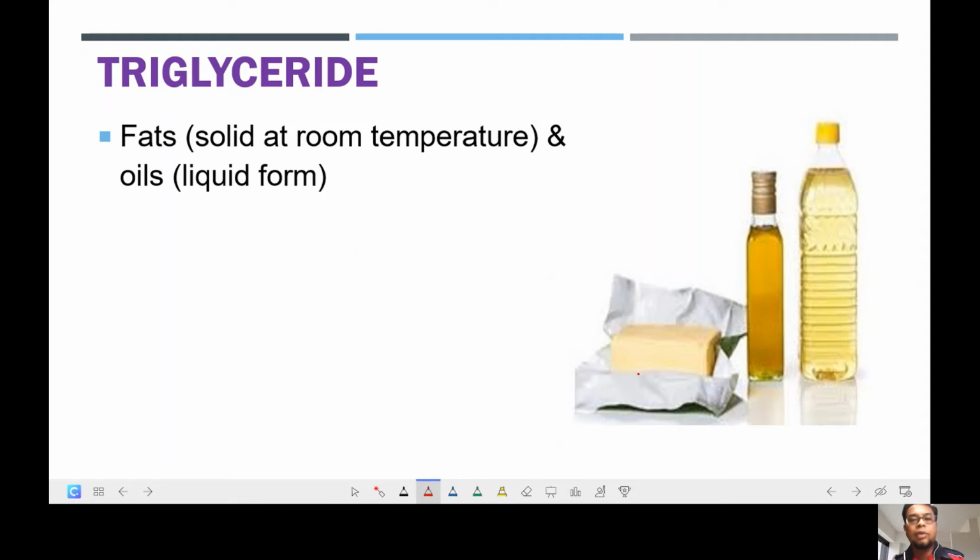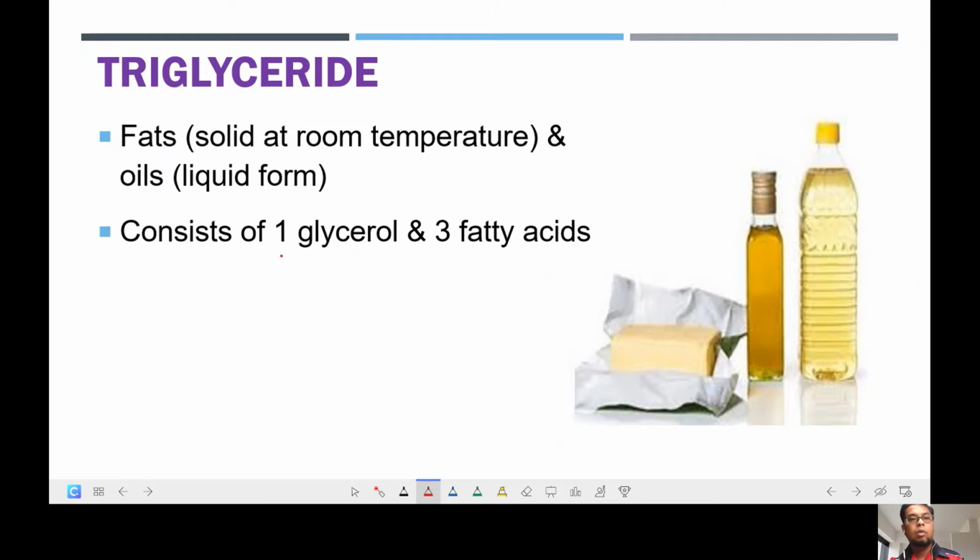Let's move on to the triglyceride, which consists of the fats, which are solid at room temperature, such as the butter over here, and also the oils, which will be in the liquid form. One molecule of triglyceride actually consists of one molecule of glycerol and three molecules of fatty acids.